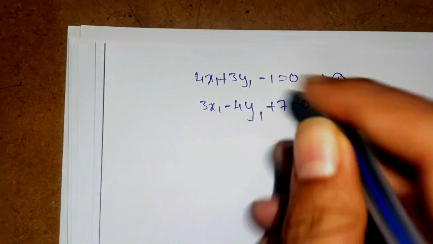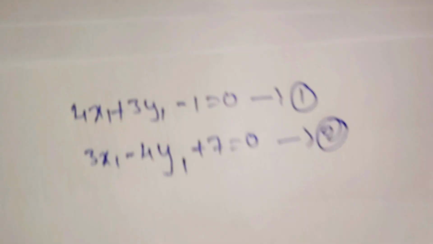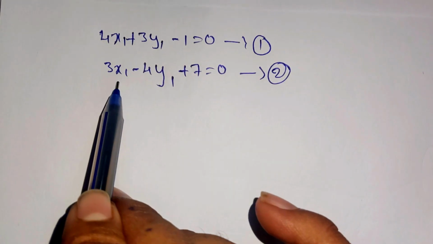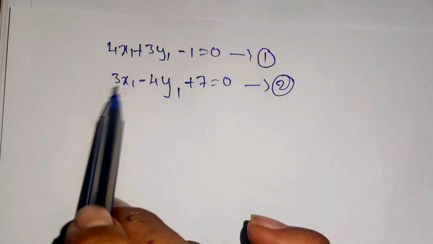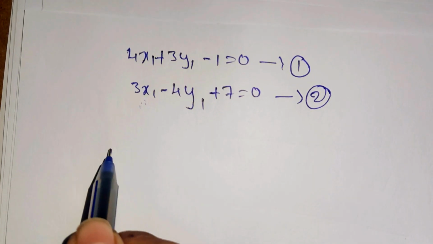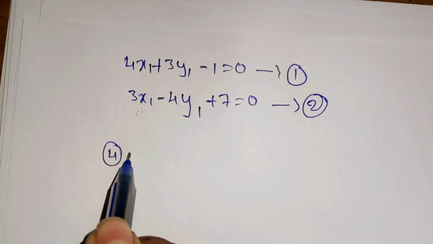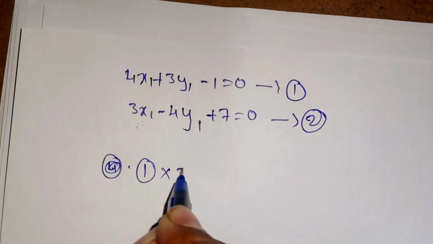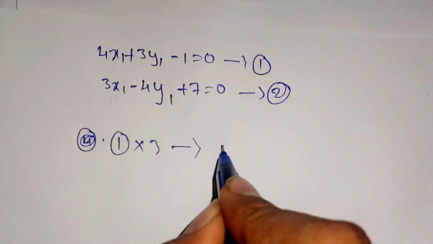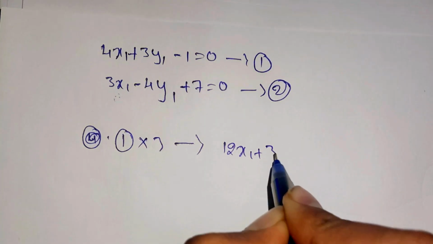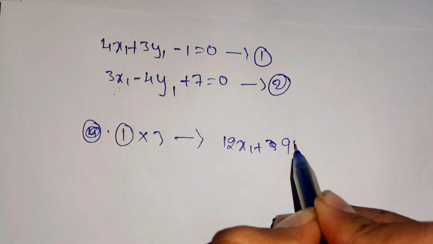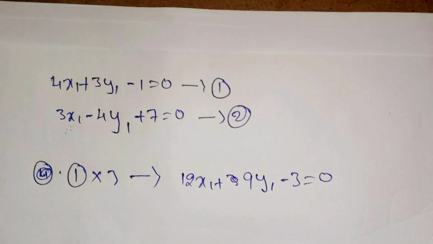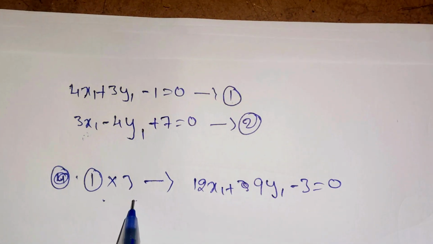So this is equation number 2. Here, please observe carefully. We have to eliminate the x1 term. First of all, multiply equation 1 into 3, and what do we get? 12x1 plus 3 3s are 9y1 minus 3 equal to 0. Let me explain one more time: first equation into 3.